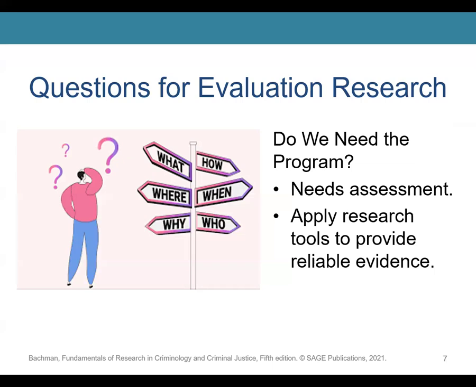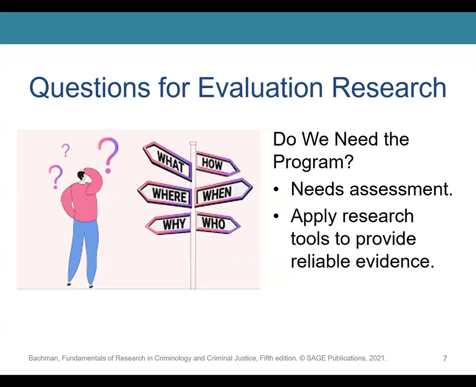So it's incumbent on developing a program to ensure that our kids are looked after, cared for in the sense of having a good meal. So, applied research tools to provide reliable evidence. What shows that the kids or the elderly needed this type of program?